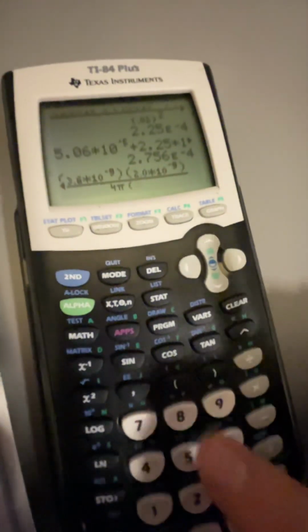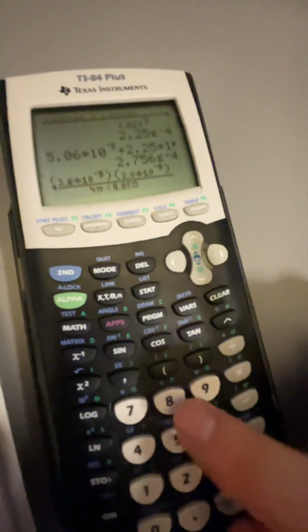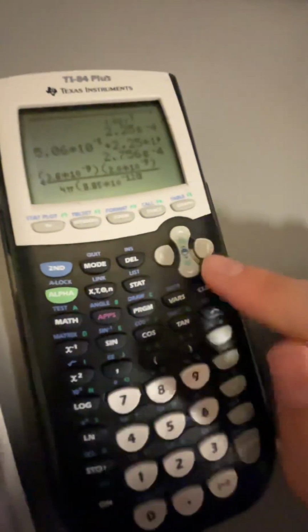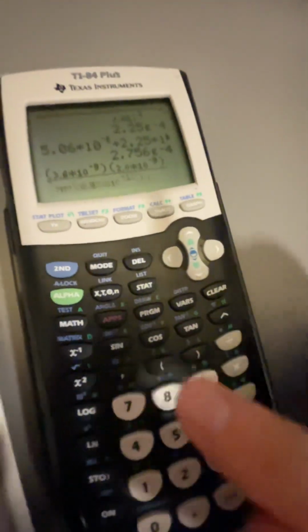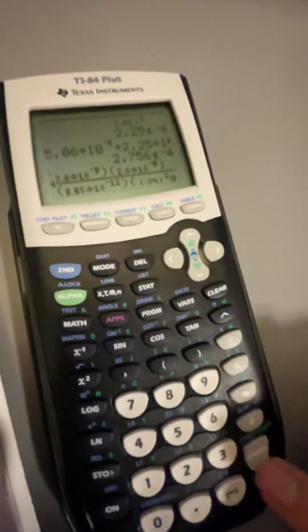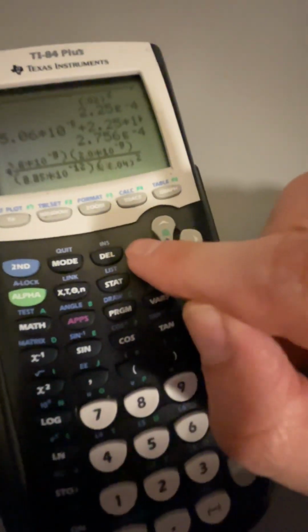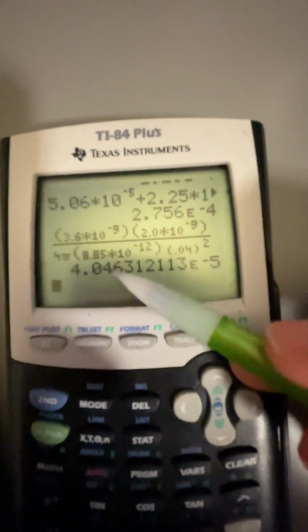So that is, in parentheses, 8.85 times 10 to the negative 12th, that constant, and then our distance of 0.04 squared. And that is 4.046 times 10 to the negative 5th. I'll just say 4.05 times 10 to the negative 5th newtons. So that is the answer to part B.